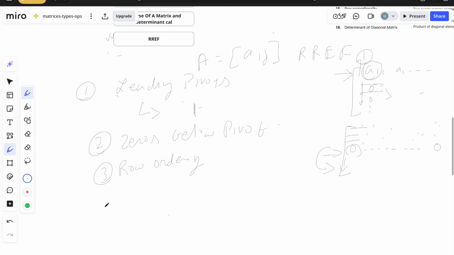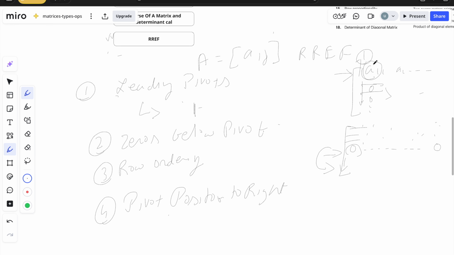And the fourth point is pivot position to right. Basically it means that the pivot of each successive non-zero row is to the right of the previous pivot.